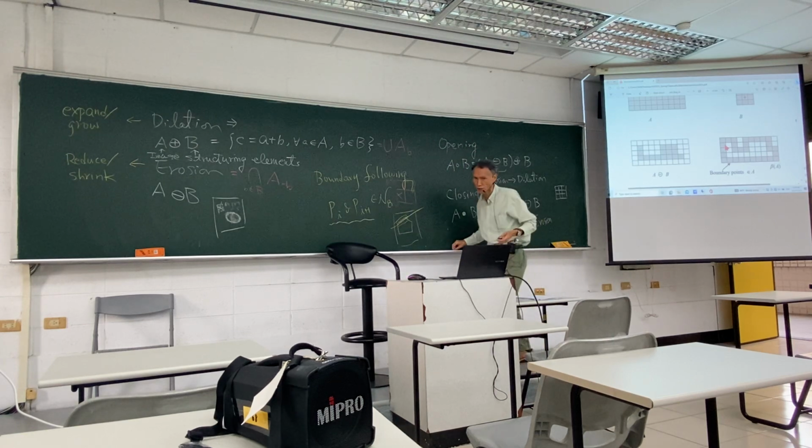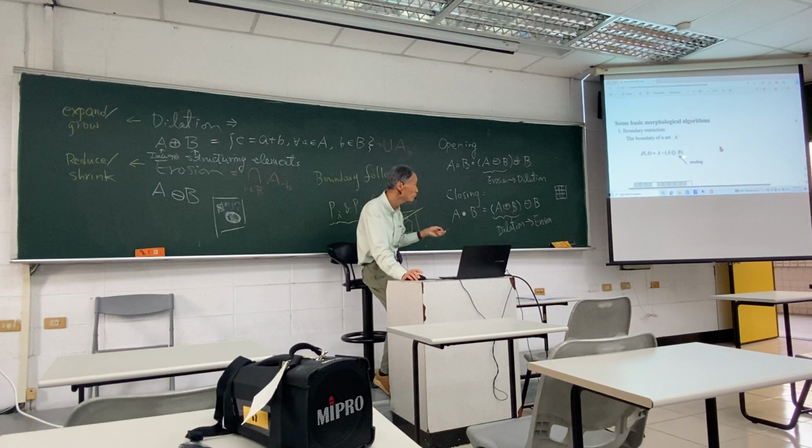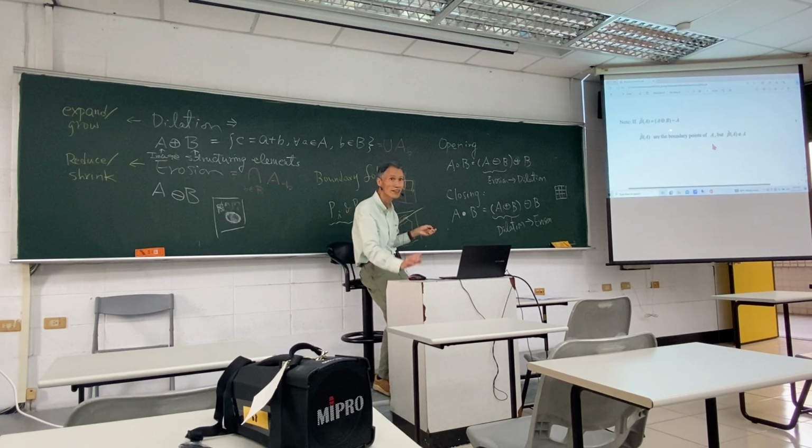But there's one application: you can find the contour of the object by this simple operation, A minus the erosion, with a simple 3x3 element with the origin at the center. I just put a note here: if you use the dilation and subtract A, it's still a contour, but this contour is not a part of the object.